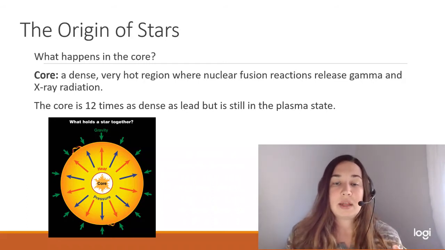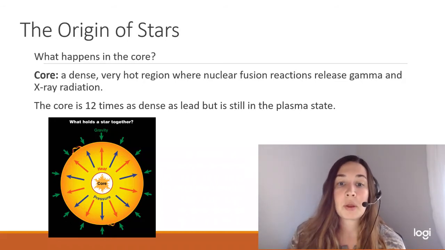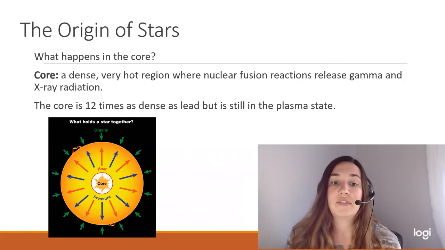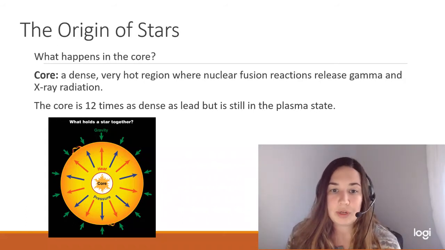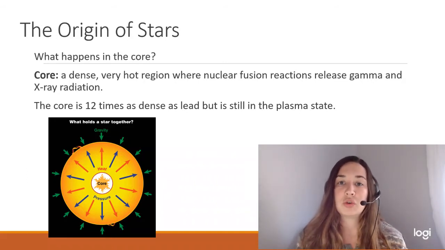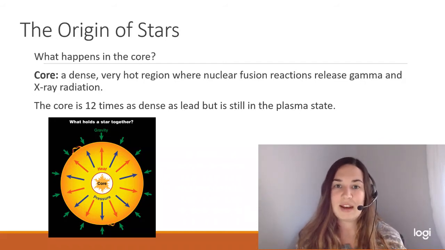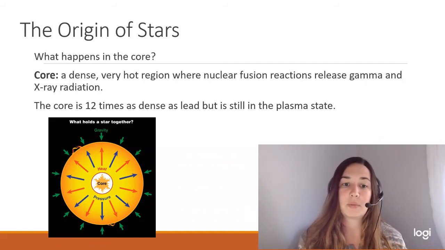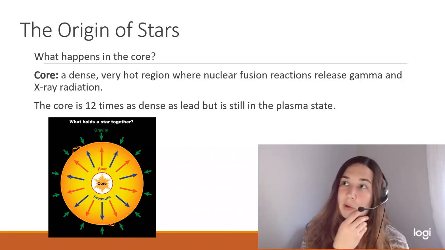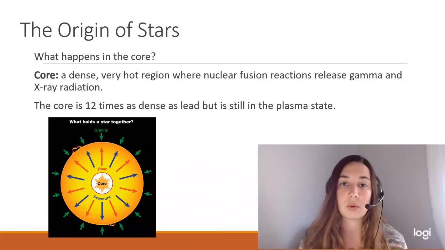So what happens in the core? So we talked about, the core is located centrally in the center of our star here. Well, the core is a very dense and very hot region in the center of that star. And this is where all of our nuclear fusion reactions are happening. They're releasing gamma and X-ray radiation, and it's pretty much like a magma version of what I guess would be the most closely related to what I could picture the core of a star would be like.